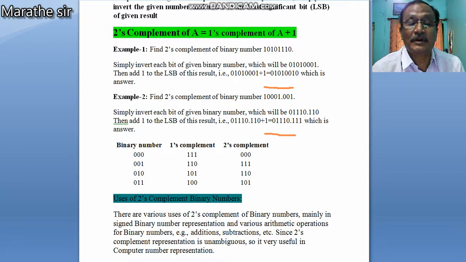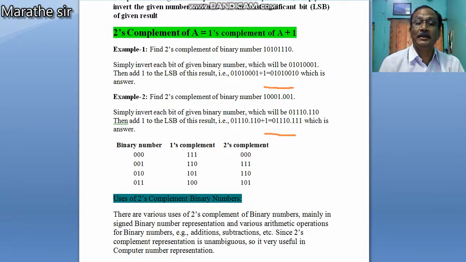In the third example, 010, its 1's complement is 101 and its 2's complement is 110. And the fourth example, 011, its 1's complement is 100, its 2's complement is 101.